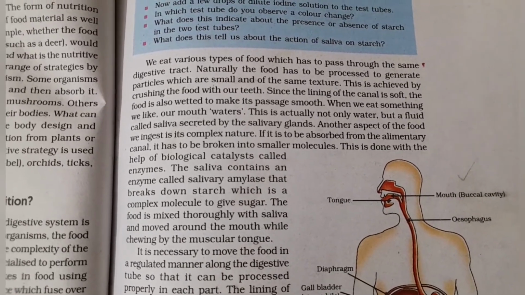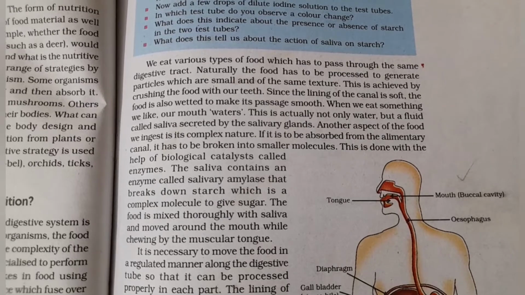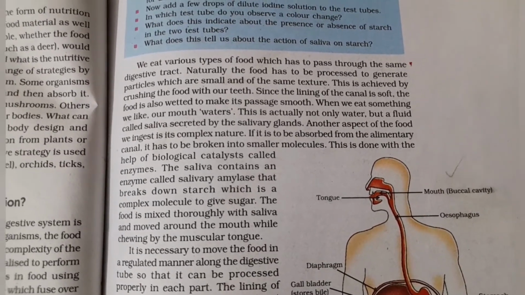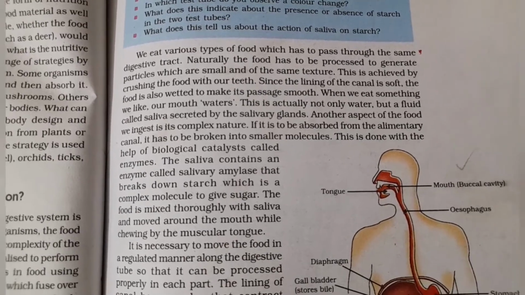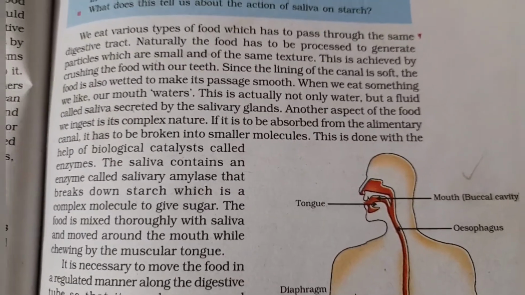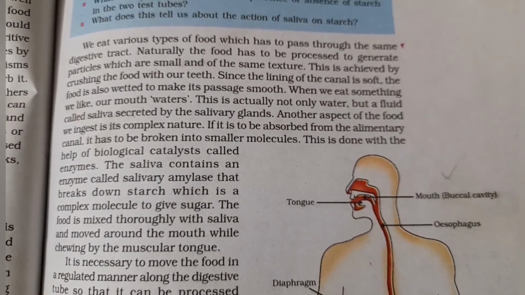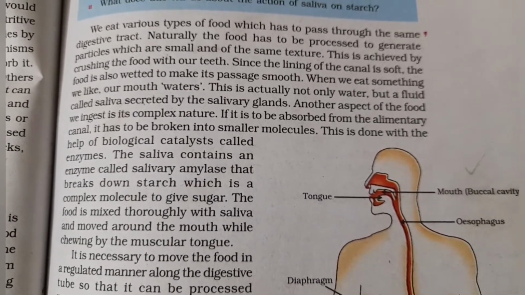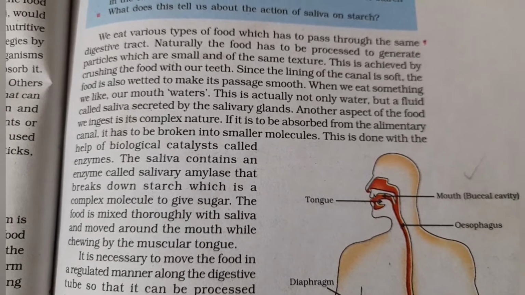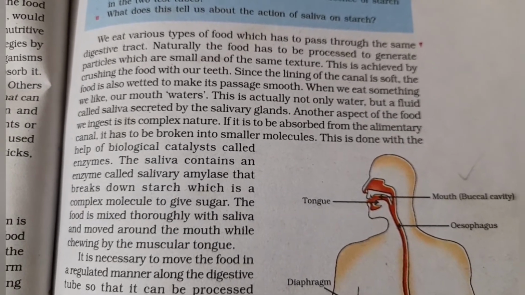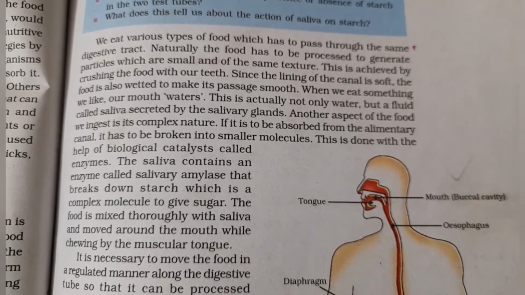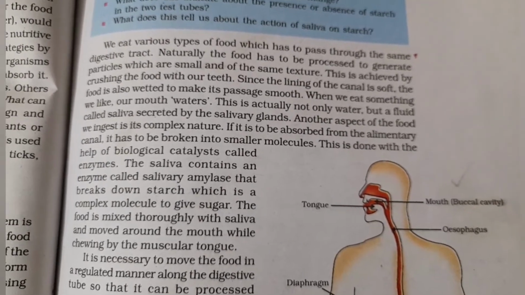If you want to digest food particles in your body, they need to be small so that they can be easily digestible. This is achieved by crushing the food with our teeth. Since the lining of the canal is soft, the food is wetted to make the passage smooth. You don't want the food to get stuck anywhere in the alimentary canal because it will cause a hazard.